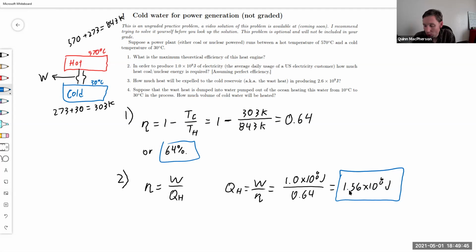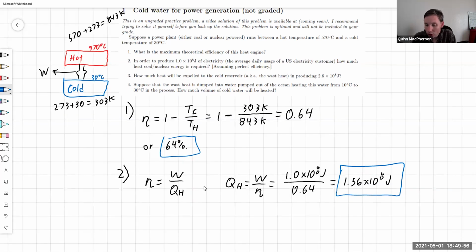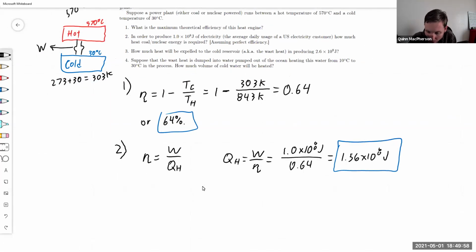You may notice that this 1.56 is bigger than 1.0. Basically, you have to put in more heat than you end up getting out in electricity because some of it goes to the cold end. Which brings us to question number 3: how much heat is expelled to the cold reservoir? If you look at your picture, we have heat coming in from the hot. Some of it goes to work and some of it goes to cold.